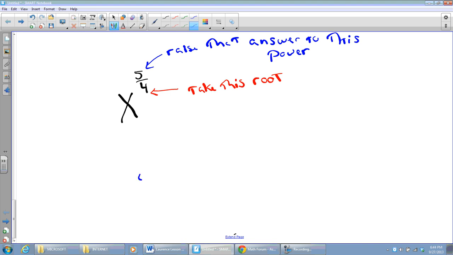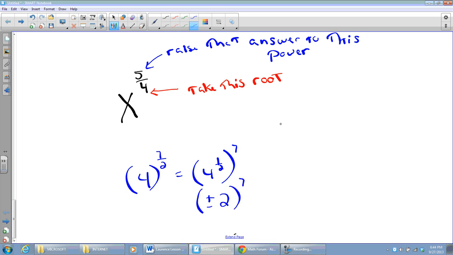So if I had 4 to, say, the 7/2 power, well, the first thing I would do is 4 to the 1/2 power. 4 to the 1/2 power is plus or minus 2 because it's the square root. And then I've got to raise it to the 7th power. See, 2 times 2 is 4. A third 2 gives me 8.